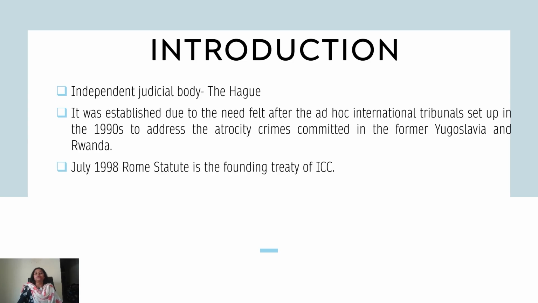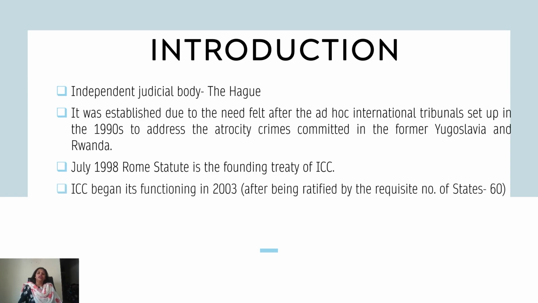Now, the International Criminal Court was established with the treaty Rome Statute in July 1998. The Rome Statute is the constitution of the International Criminal Court. It is the founding treaty of the International Criminal Court. The ICC began its functioning from the year 2003 because the Rome Statute had a provision, which several treaties have, that a requisite number of members must sign and ratify the treaty for it to come into operation.